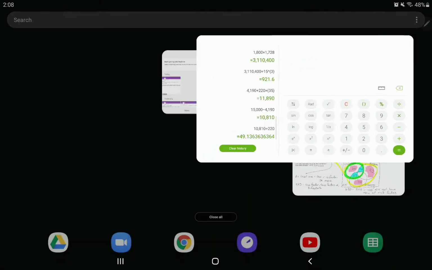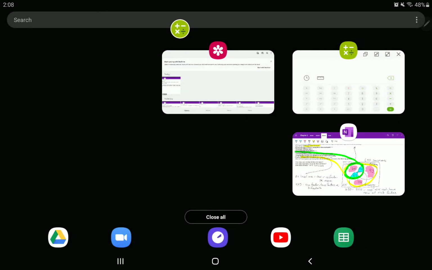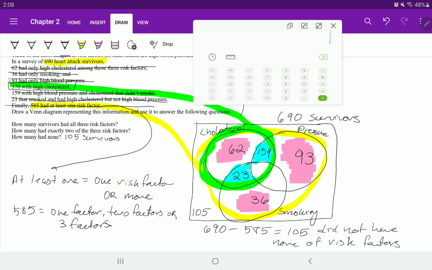Open up my calculator. Okay. 62 plus 159 plus 23 equals 244.